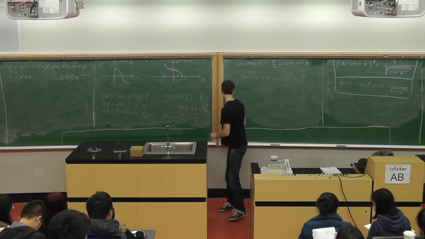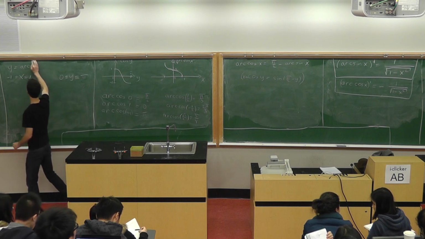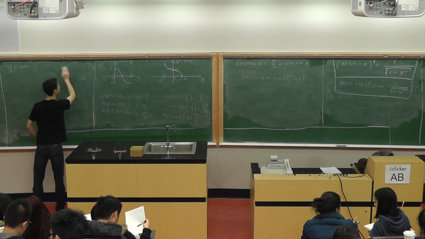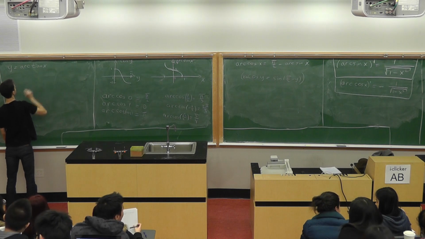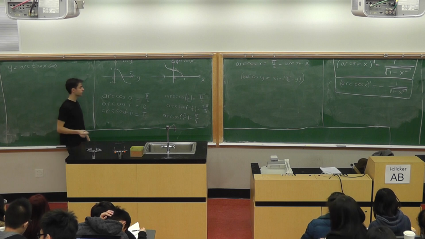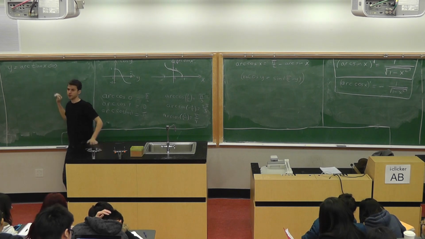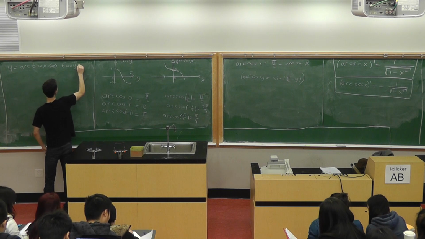Okay, there is one more important function to discuss, and that's arc tangent. Well, you can guess what it is. y is the arc tangent of some number x when tangent of y is equal to x.